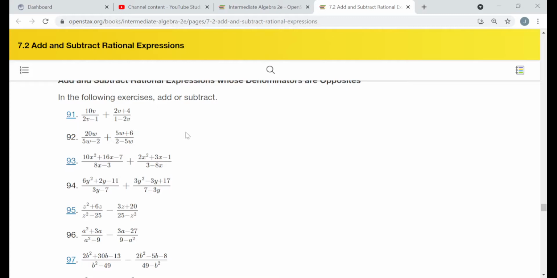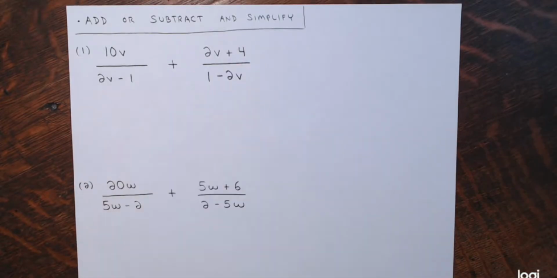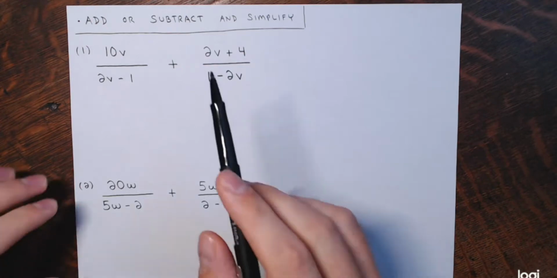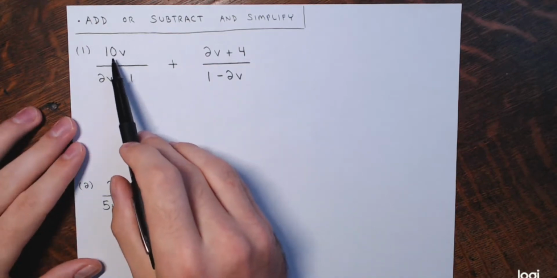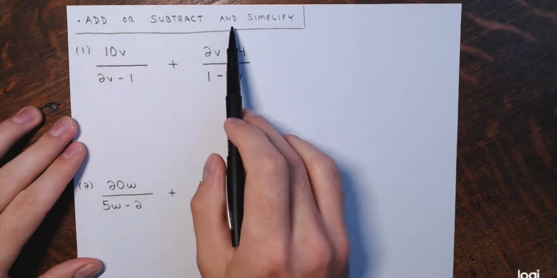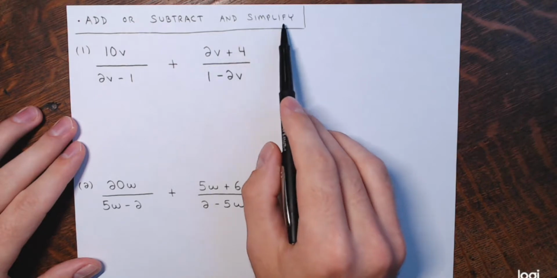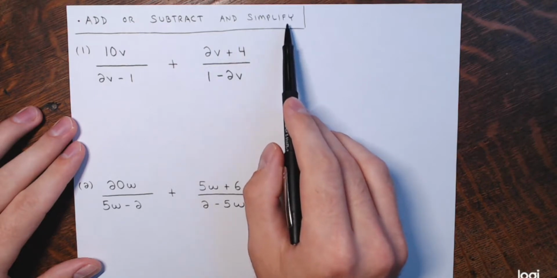Okay. So example 1. This is exercise 91 in that section 7.2. Notice here I've got two fractions, and we're asked to add or subtract, and then I added this: and simplify. Now I'm going to assume that you know how to simplify a fraction.